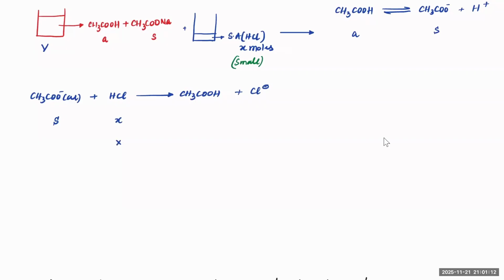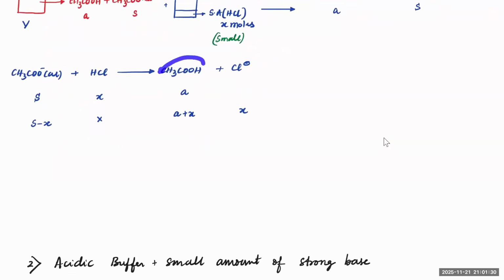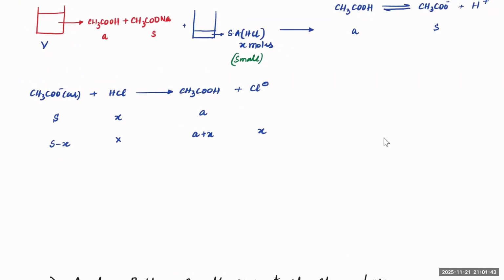So this is in a small amount, limiting amount. So there will be some X amount consumed here. This was already A, so now it will become A plus X. And this will be X amount. So basically this acid concentration increases. The salt concentration decreases by X amount of units. Here I'm assuming A and S as moles. Okay, so A moles here and S moles here.